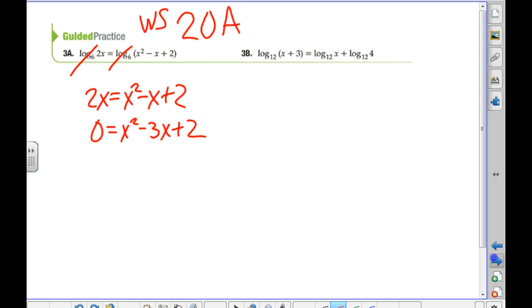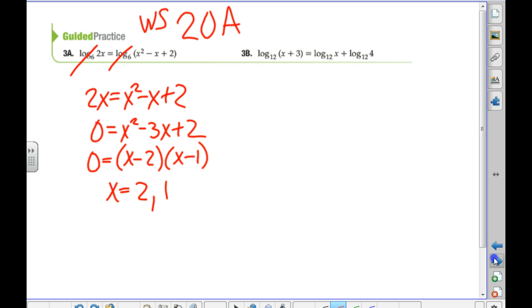And factor? So we get 2 answers. 2 or 1, any reason to throw either one of them out? You can put them back in, you get 4 and 4. If you put in a 1, you get 2 and 2, so no, they work.